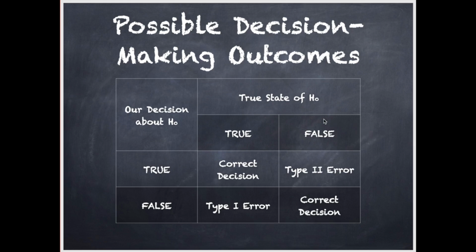And finally, if the null hypothesis is false, but we conclude that it's true, or in other words, we fail to reject the null hypothesis, then we have committed a type 2 error. So this is a nice way to organize this information and these 4 scenarios. All right, it gives us a good mental picture of those scenarios.